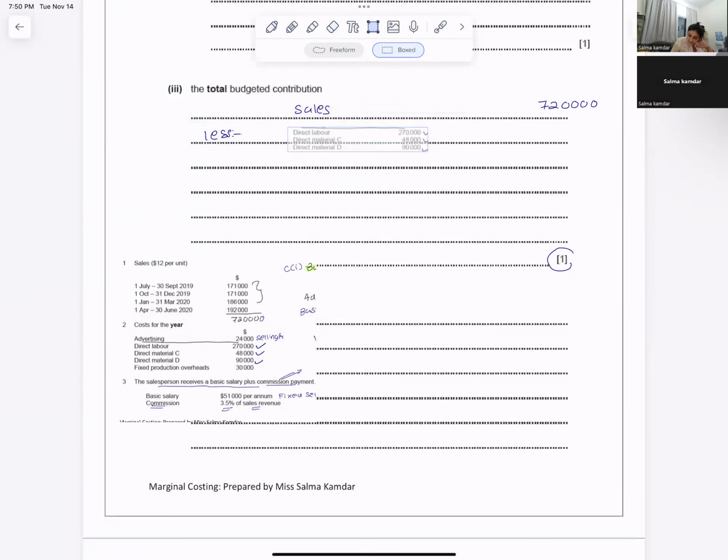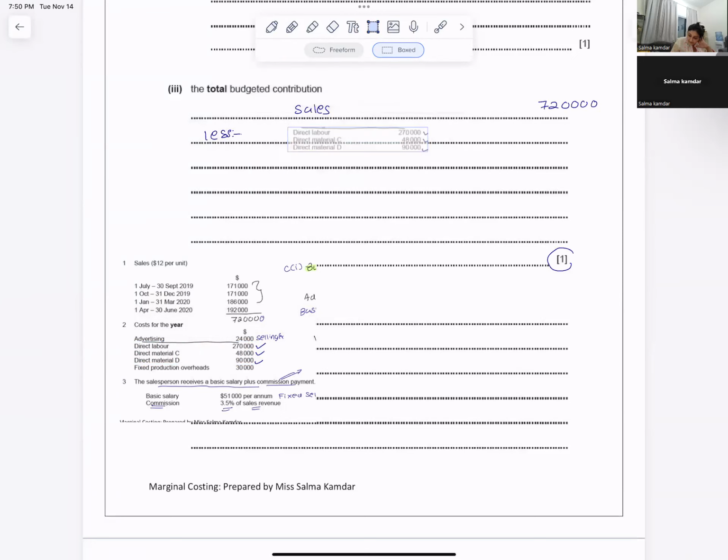What is the total of the variable cost? 270,000 plus 48,000 plus 90,000. So the variable cost is 408,000.